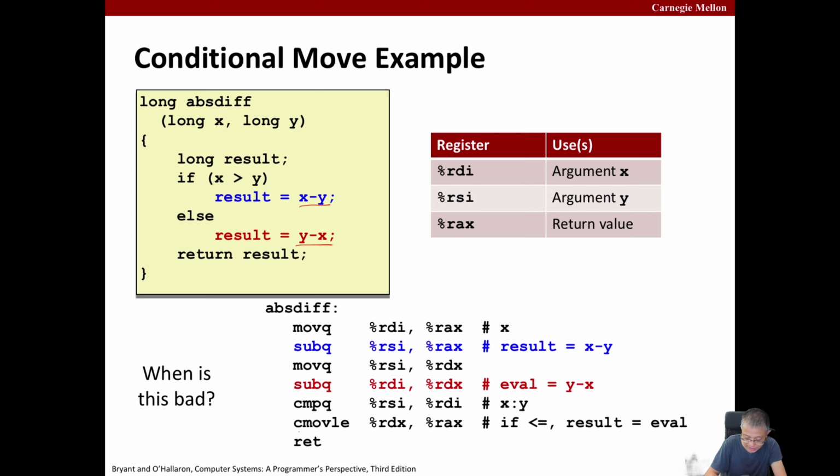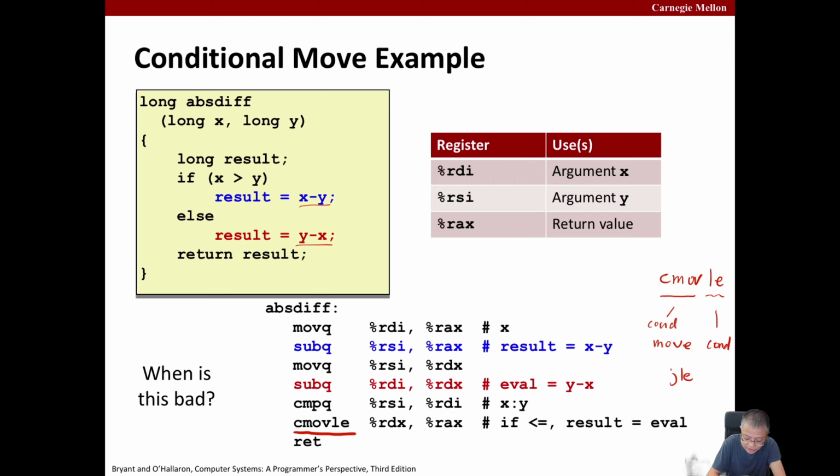All the conditional move instructions begin with the cmov prefix, then are added with a condition, right? The cmov means this is a conditional move. Then this will be the condition. It's very similar to the jump instruction, like jump LE, less than or equal.